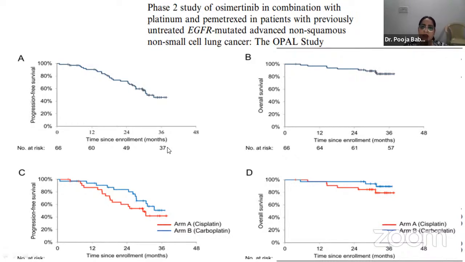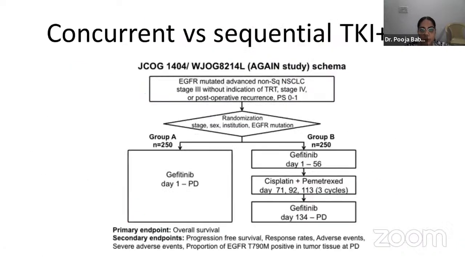So definitely these studies are encouraging, but we need to stratify the patients in whom we can actually give such intensive therapy, either patients who have uncommon mutations, or patients who have certain co-mutations, such as EGFR mutation plus TP53 mutation, or patients who have upfront brain metastasis, and these need to be explored with more follow-up and more studies.